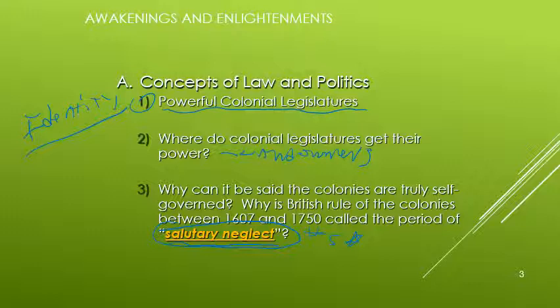So consider the position that the colonists are in, okay? They're used to governing themselves. They're used to doing their own thing. And then Britain comes in and says, no, you're not going to do that anymore. This is why, ultimately, we have revolution, okay?